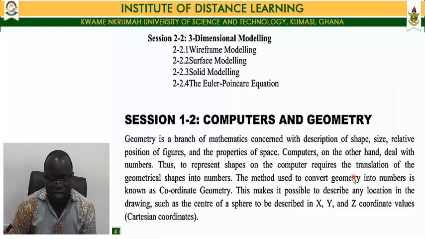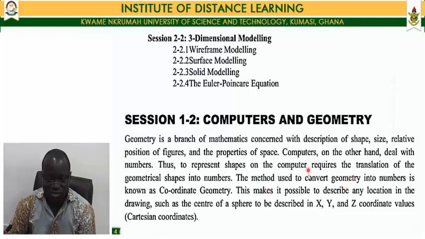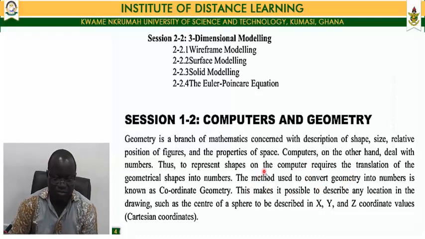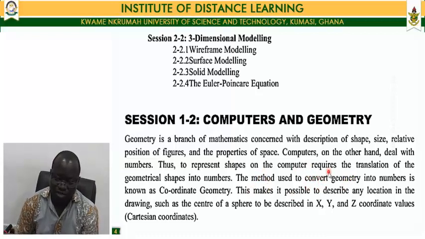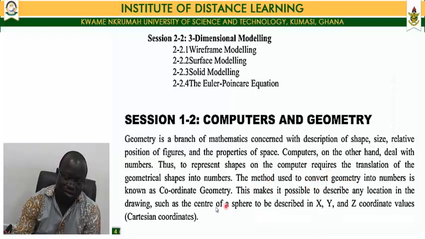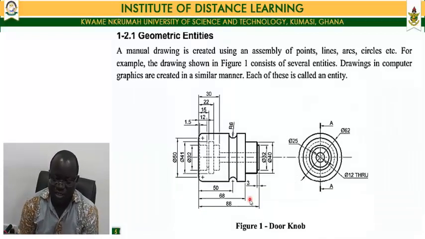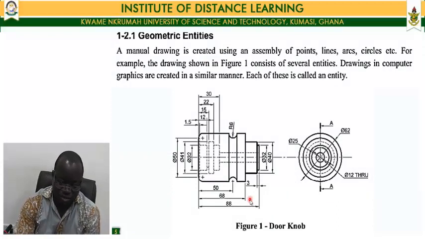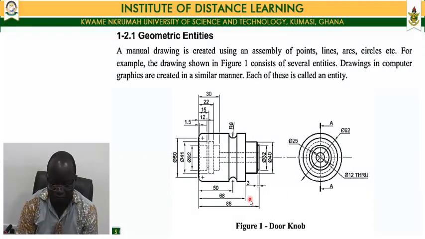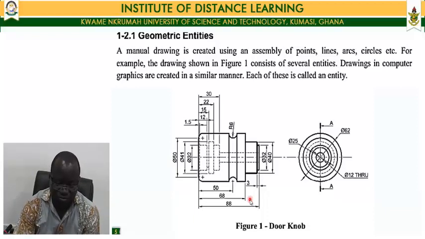Now, let's look at some basic geometric entities that constitute an object. When you create a manual drawing, what you basically see is an assembly of points, lines, arcs, and circles. So if you look at this figure we have before us, we could see that this arc here is made up of a circle or arc.